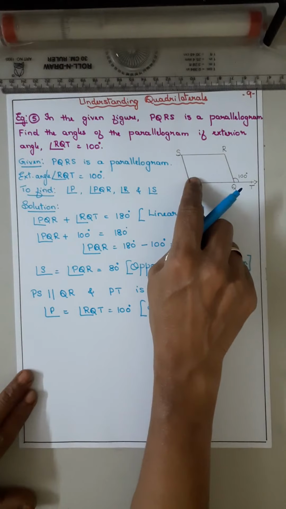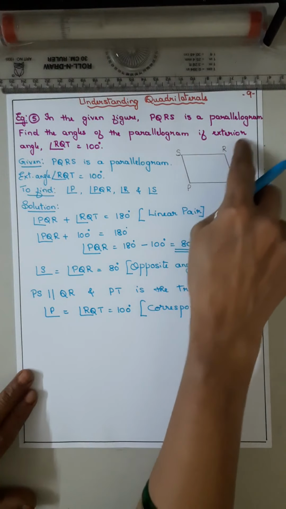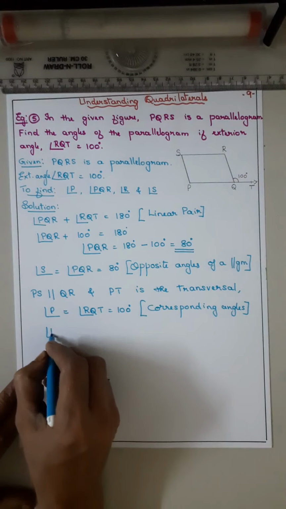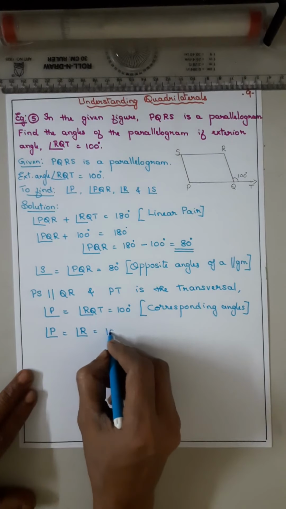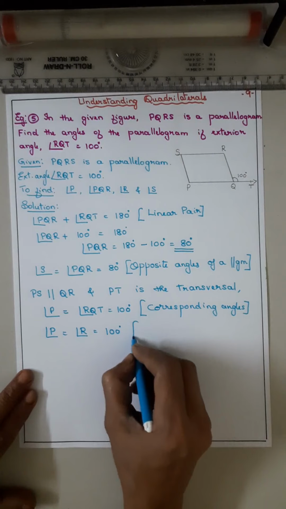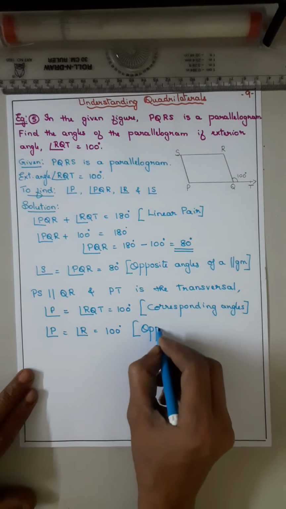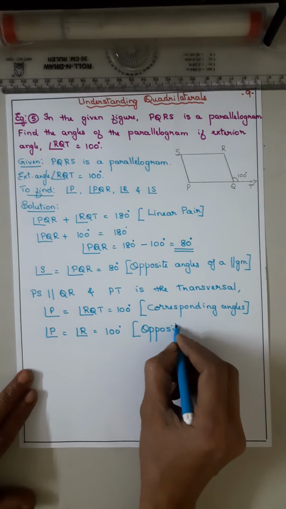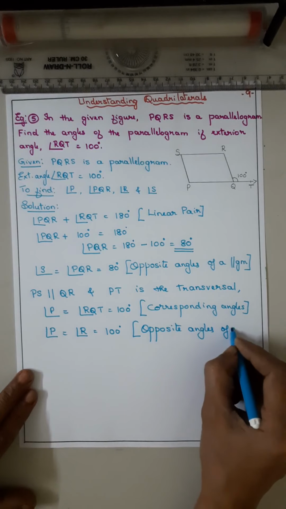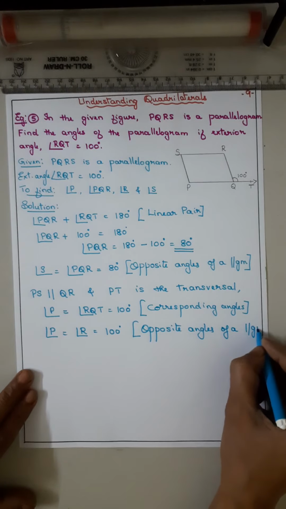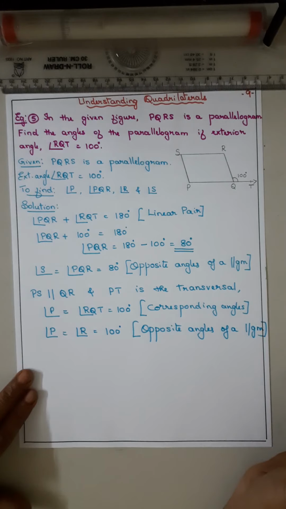Now that P is found, R is the same, isn't it? Angle P is equal to angle R is equal to 100 degrees. Why? Opposite angles of a parallelogram, they are equal.